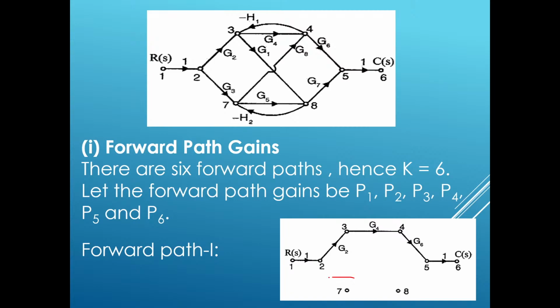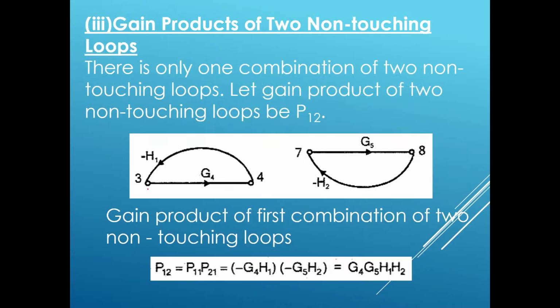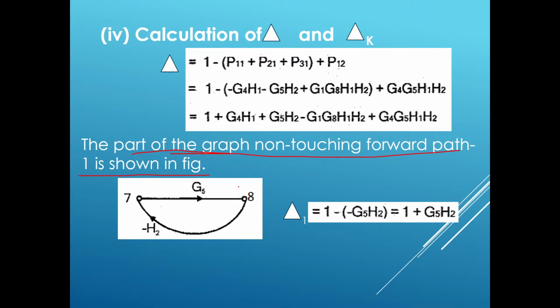If we observe here, nodes 7 and 8 are not touching the forward path 1. So you must consider the loop of 7 and 8. You just consider the loop gain of the 7 and 8 nodes. You can see here, I have considered this 7 and 8 loop. It is not touching this forward path 1.